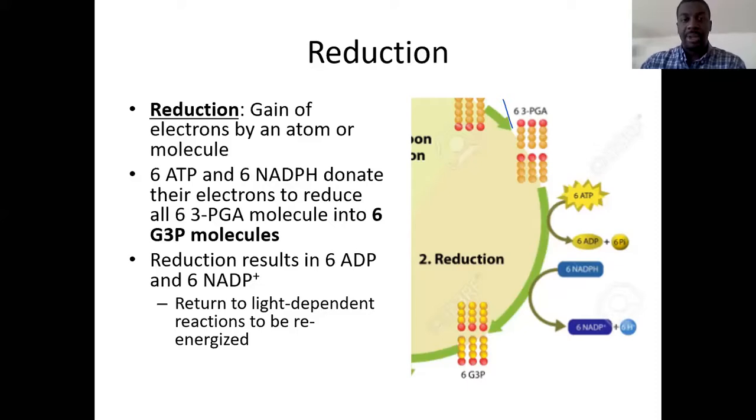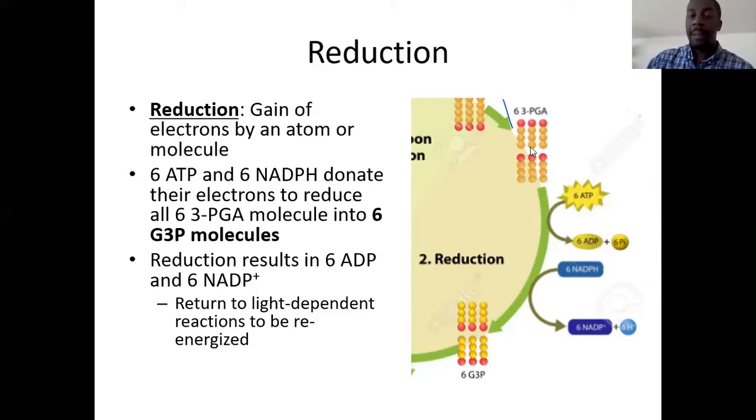Okay. So in the reduction step, we're going to be converting our 3-PGA molecules into G3P molecules. These PGA molecules are going to gain electrons from ATP and NADPH, and that's going to help convert them to G3P.